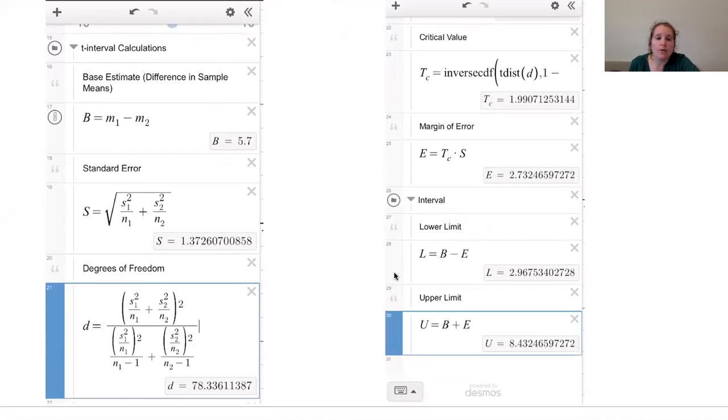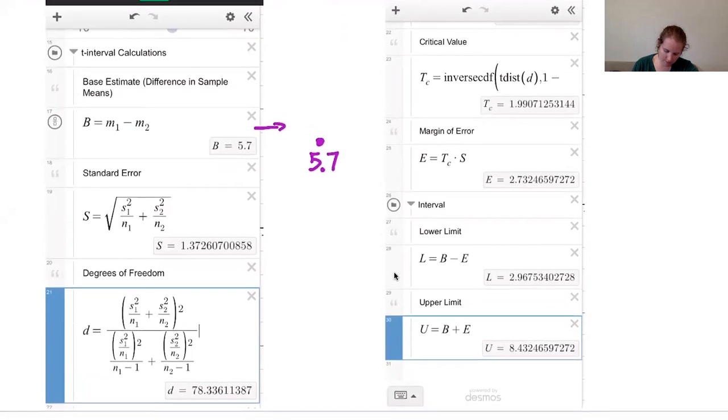In order to find our confidence intervals, we need to have our base estimate for the center of our interval. So when we do our interval, we put 5.7 in the middle. This is our difference in sample means, 18.2 minus 12.5. Then we have our standard error and our t sub c.